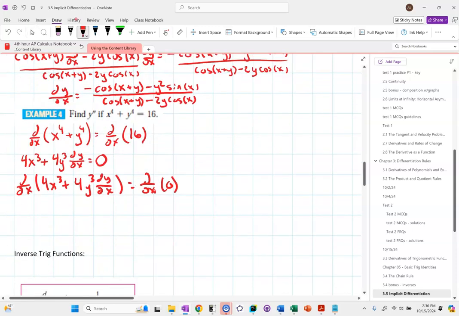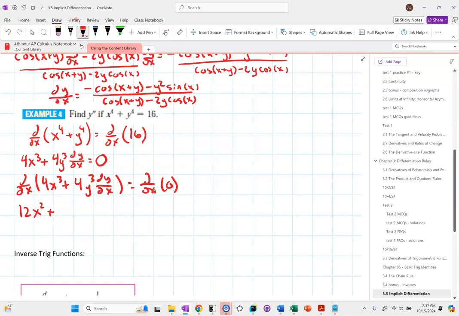What's the derivative of 4x cubed? 12x squared. What's the derivative of 4y cubed dy dx? Product rule.